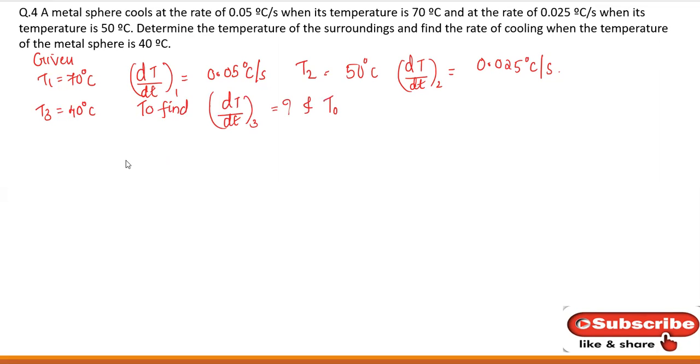We know that the rate of cooling, dT by dt, or d theta by dt, is proportional to the difference in temperature, that is T minus T0. To remove the proportionality, we multiply by a constant, that is C into T minus T0, where C is a constant. Solution.